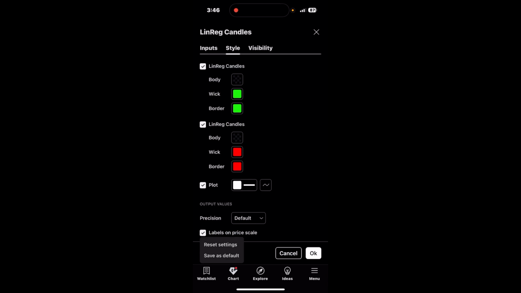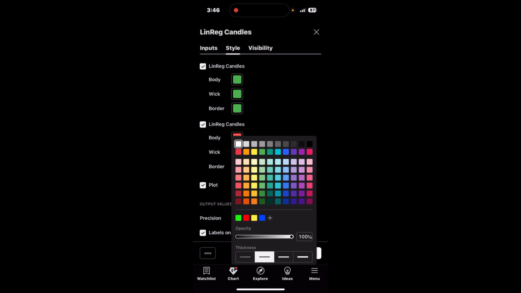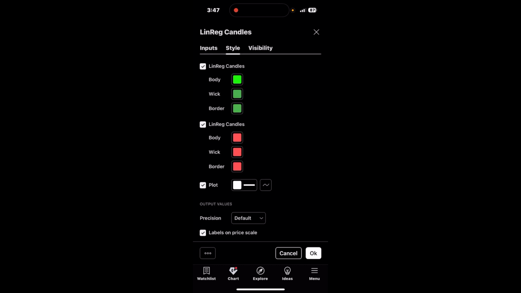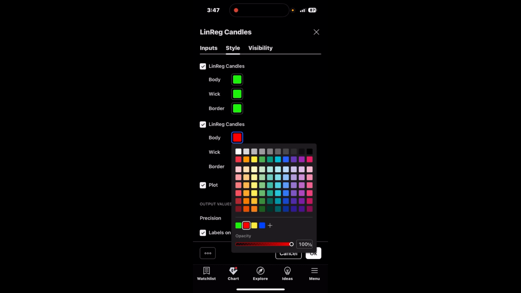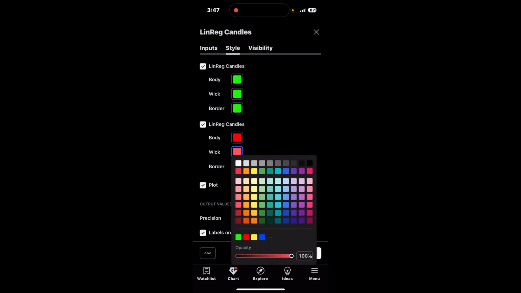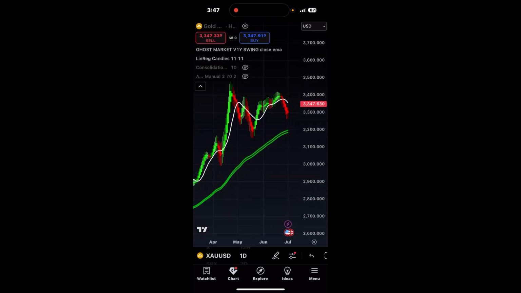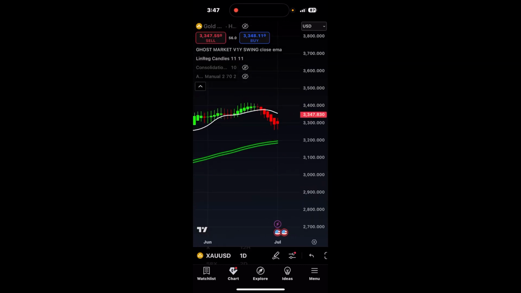I reset the settings, put my thickness a little higher, and I like changing the color to be a little brighter, a bright green and a bright red. So you're left with this.